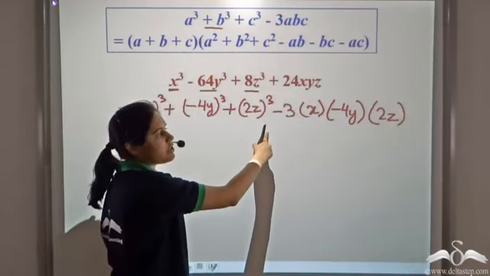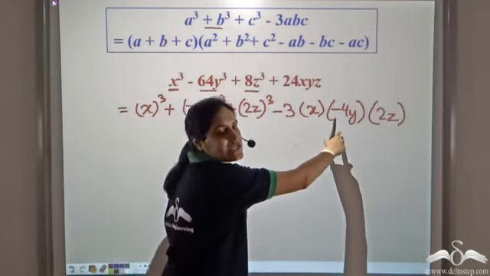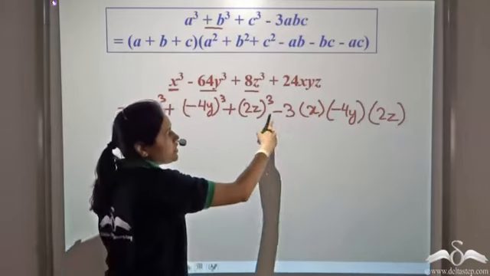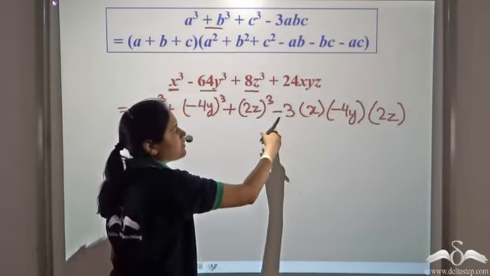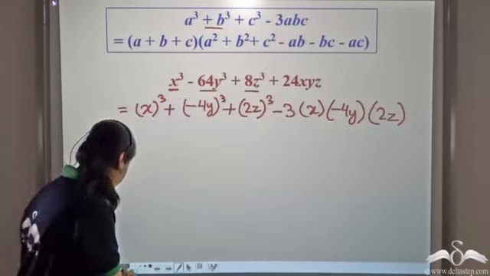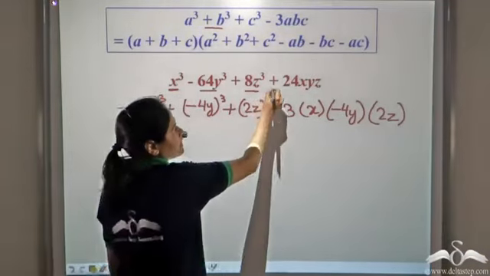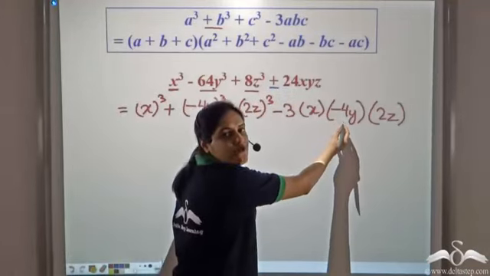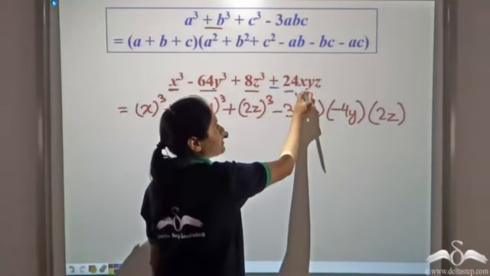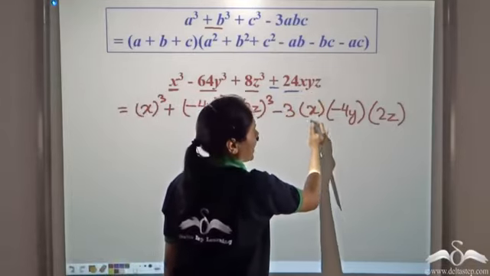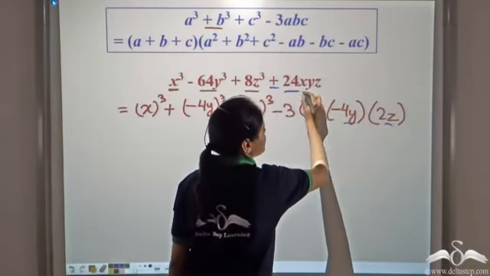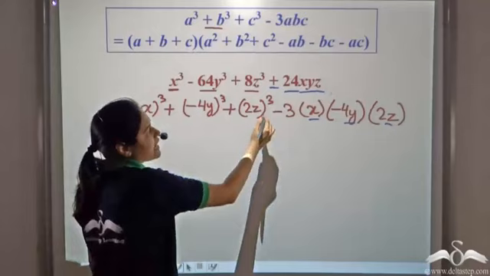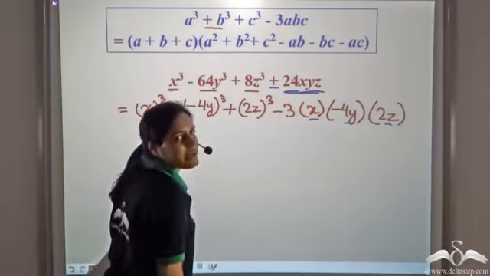Now negative 3 into x into negative 4y into 2z, this negative and this negative gives us a positive sign, so we get a plus. 3 into 4 is 12, 12 into 2 is 24, and x into y into z gives us xyz. So exactly the same as what we have here.